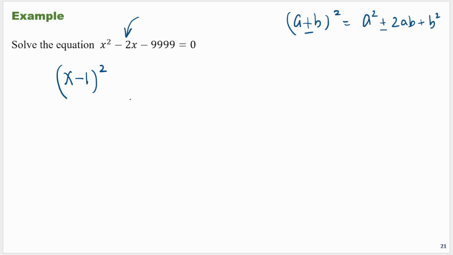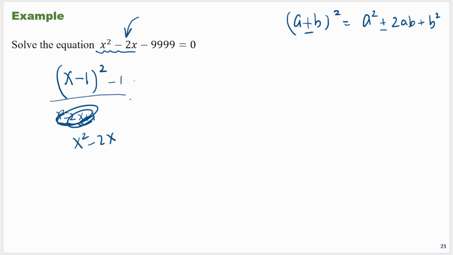Yeah. This is some basic algebra manipulation, right? So if you expand it, you will get x squared minus 2x plus 1 here. We only want the first two terms, right? You don't have a plus 1 here, so compensate for this by adding a negative 1. So this will give you exactly x squared minus 2x, right?